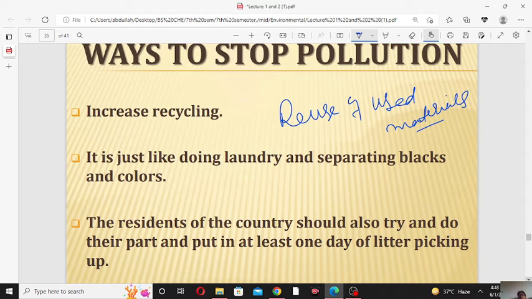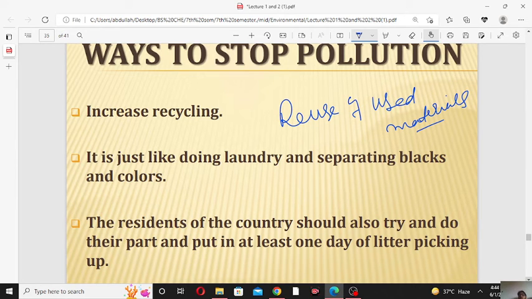We can also reduce noise pollution by giving proper education to people. Similarly, by planting bushes and trees, we can reduce noise pollution.